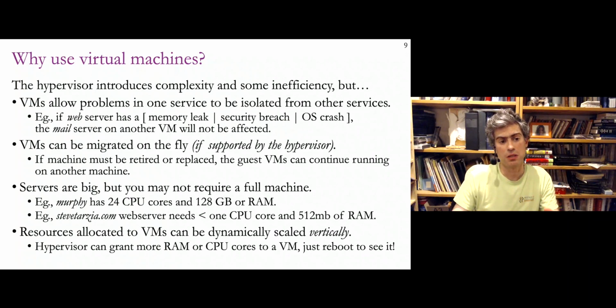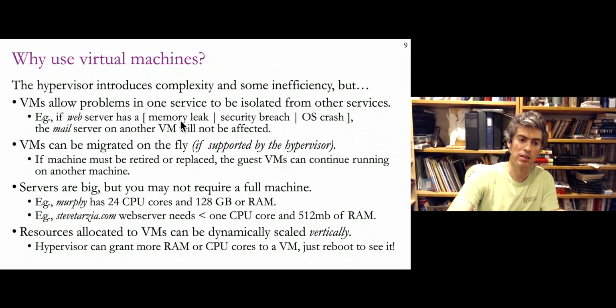But one problem with that approach is that those services can affect each other and cause problems for each other. So for example, if the web server has a memory leak or a security breach or the OS crashes, that will also affect the mail server. By memory leak, I just mean that the web server uses too much memory because there's a bug in the code.